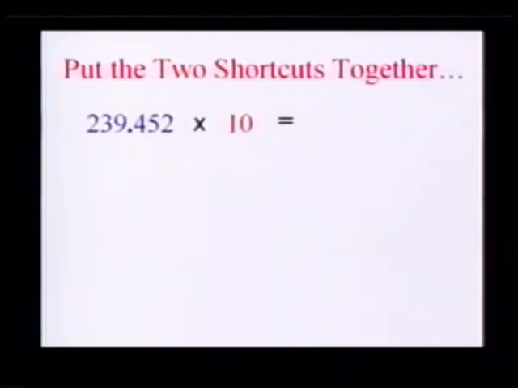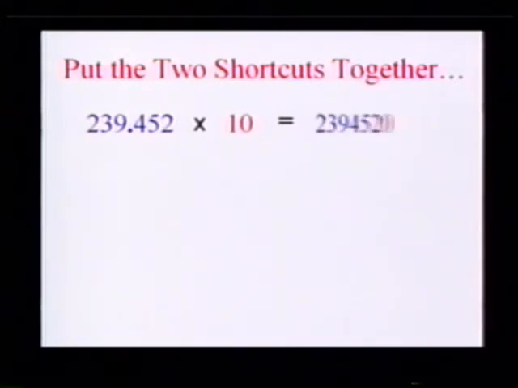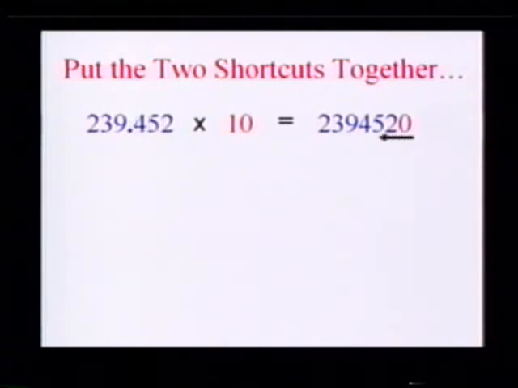What if I wanted to multiply the number 239 and 452 1,000ths by the number 10? That's a special kind of multiplication. Okay, well, let's add a 0, just like the rule did. However, remember the other shortcut? We have 3 decimal places, so we have to move the result back 3 places.